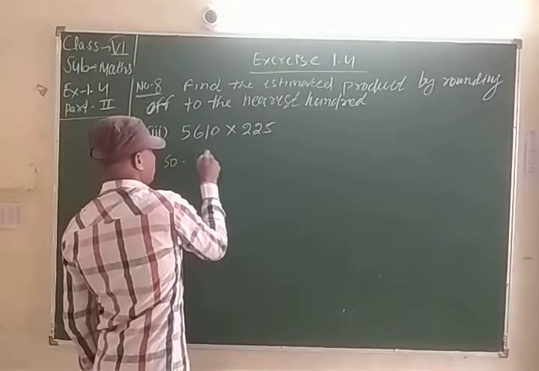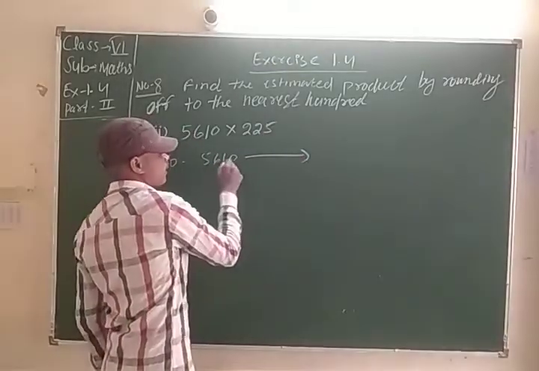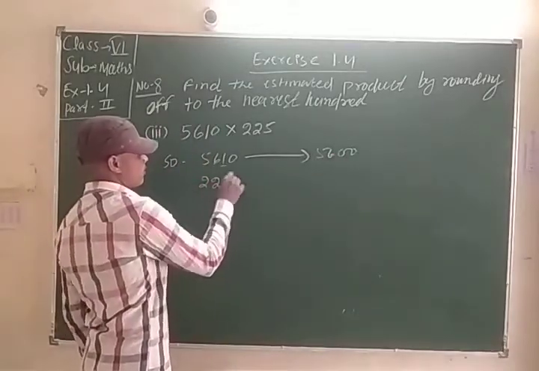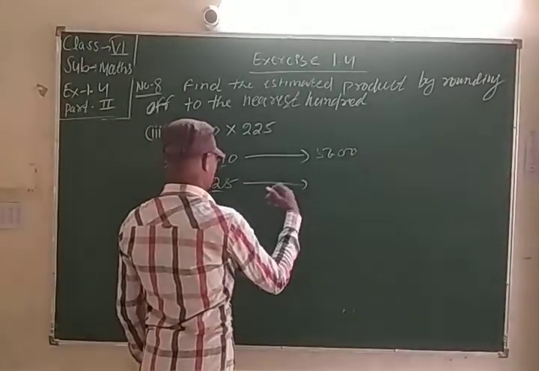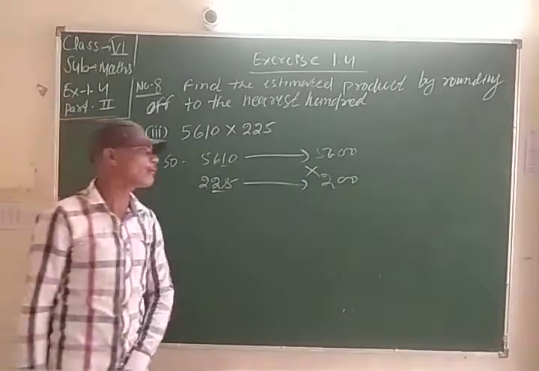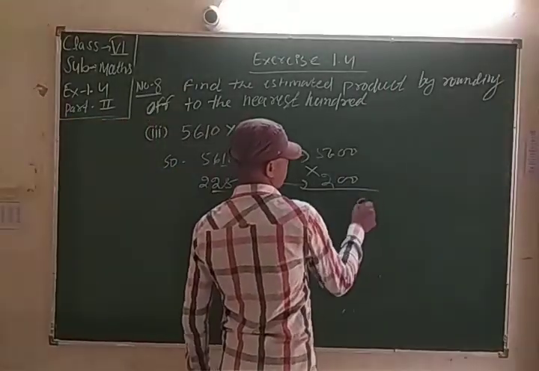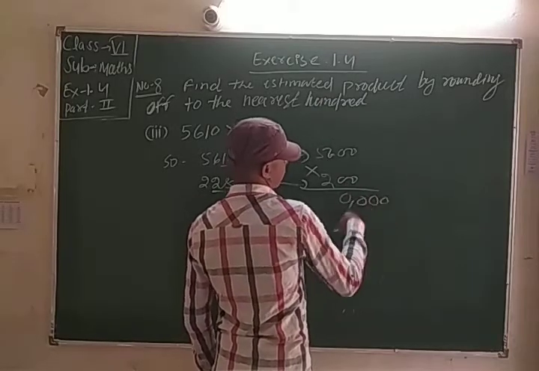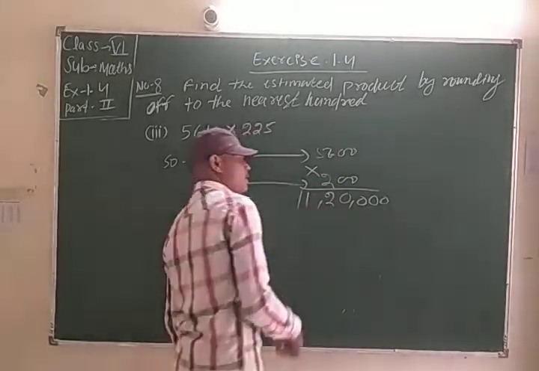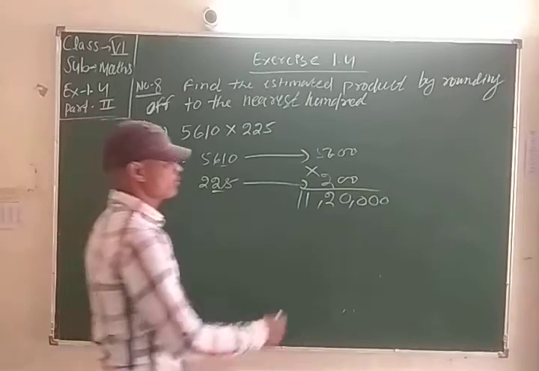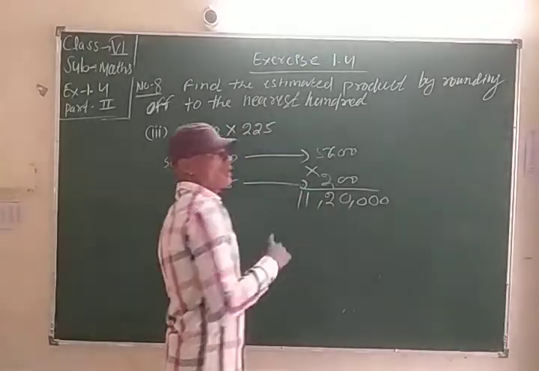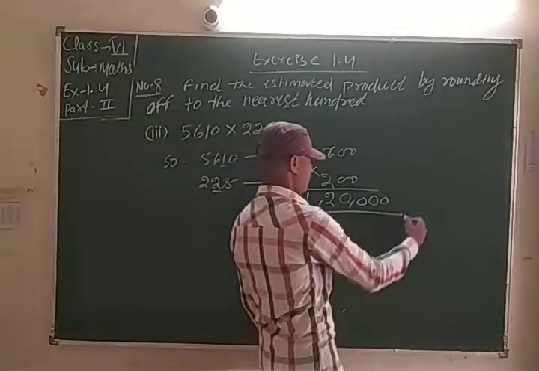Then the solution: 5,610 is rounded to 5,600. Now 225 is rounded up. Where the tens digit is 2, that's why it should be rounded to 200. Here 4 zeros. Now 2 sixes are 12, 2 fives are 10 and 1 carried makes 11. So the answer is 1,120,000 rounded.